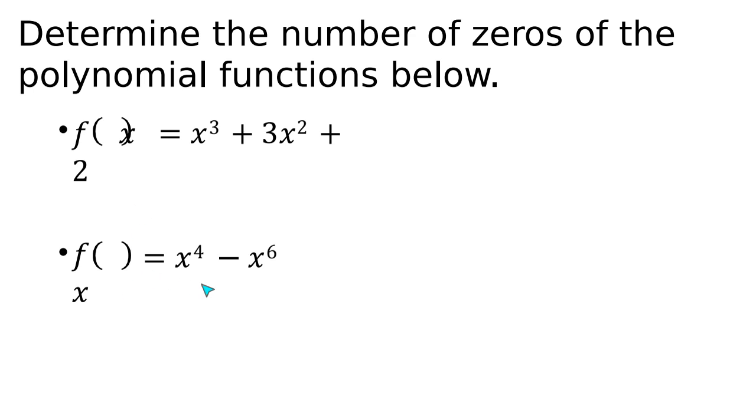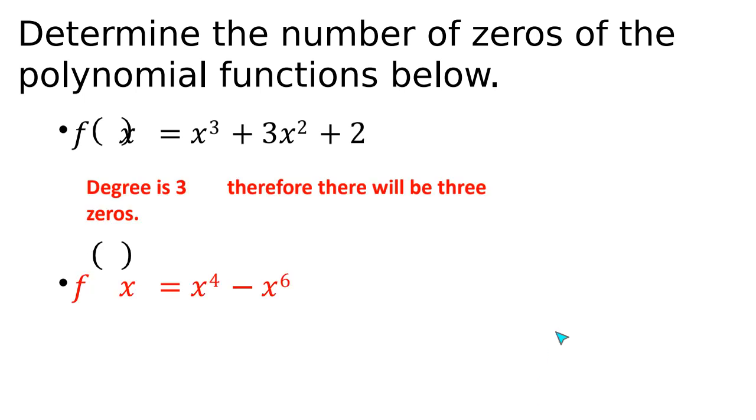And then for the second one, this one is x to the 4th minus x to the 6th. We are going to rewrite it as negative x to the 6th power plus x to the 4th. And this one is going to have 6 zeros. So this is what I just said.